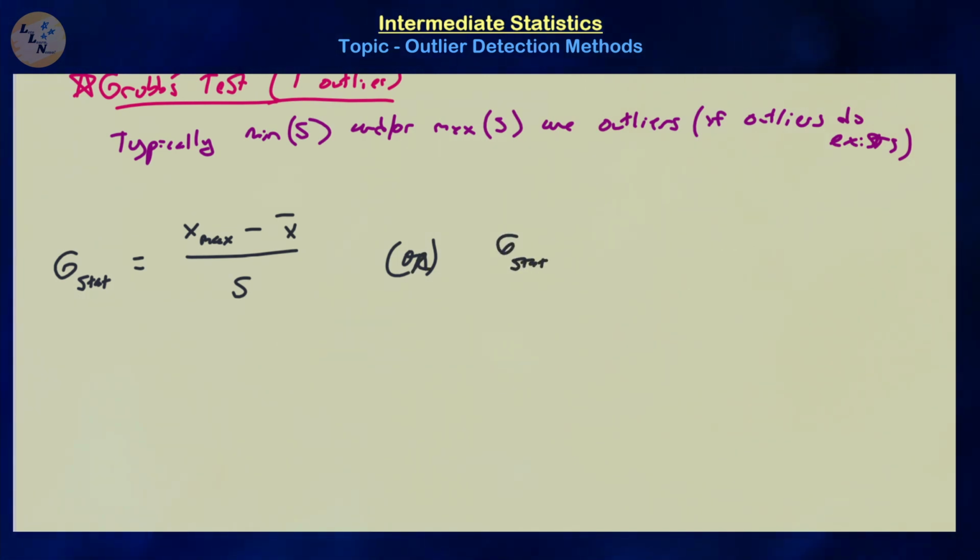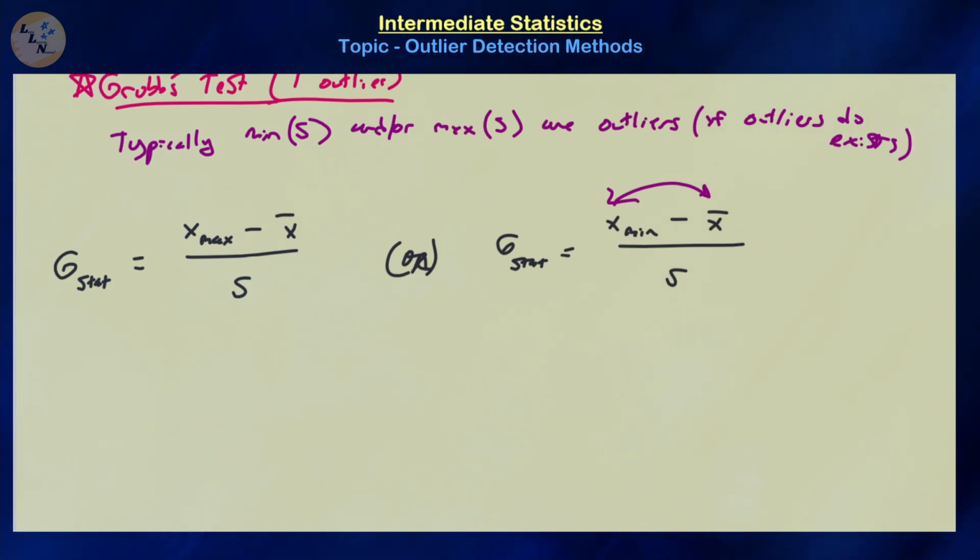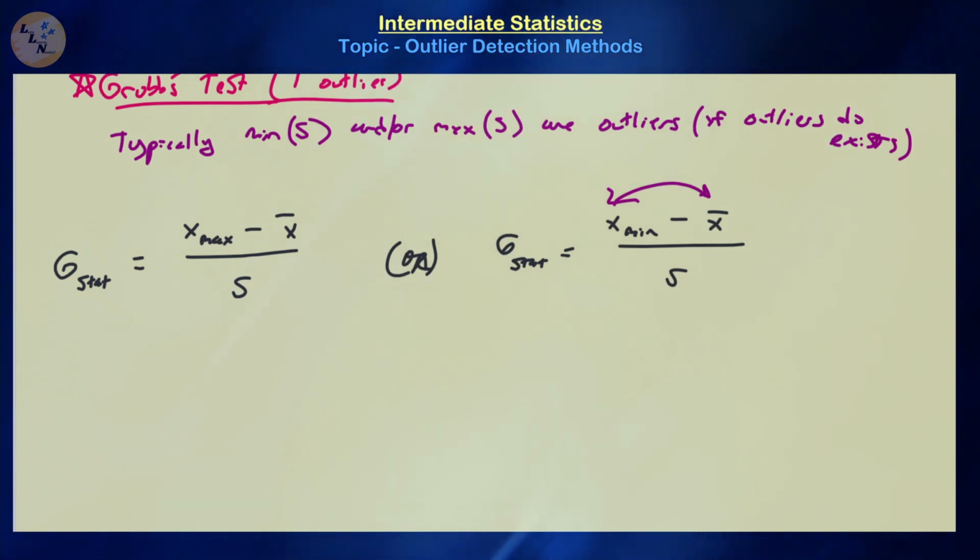G-stat is going to be equal to X min minus X bar all over S. You may see some people reverse these two. They will do X bar minus X min, because usually X bar is greater than X min, so they want that test statistic positive, but it actually doesn't matter, and I'll let you think about why that is the case in just a moment.